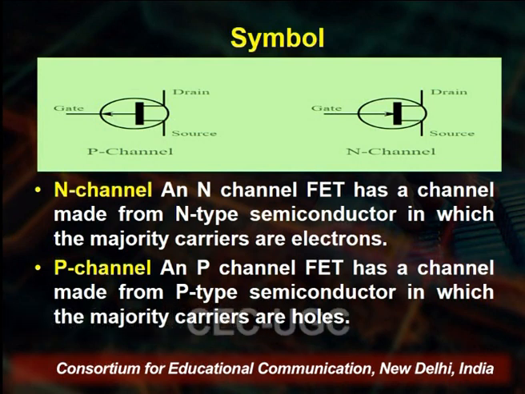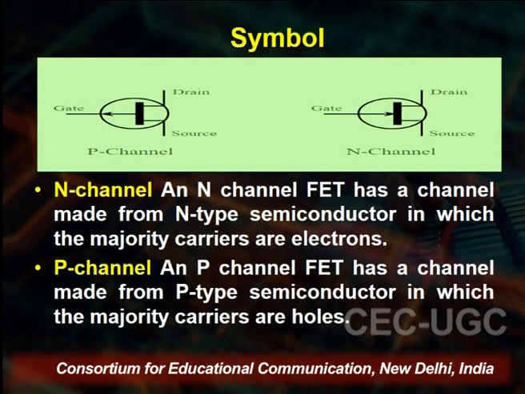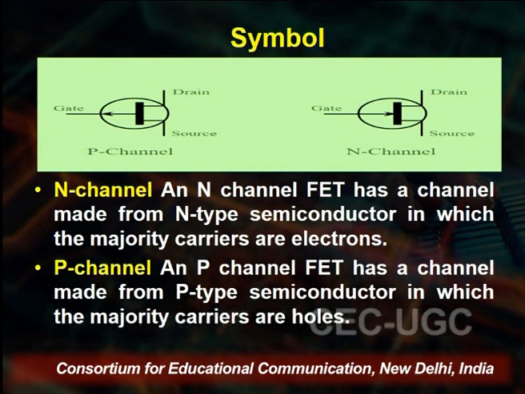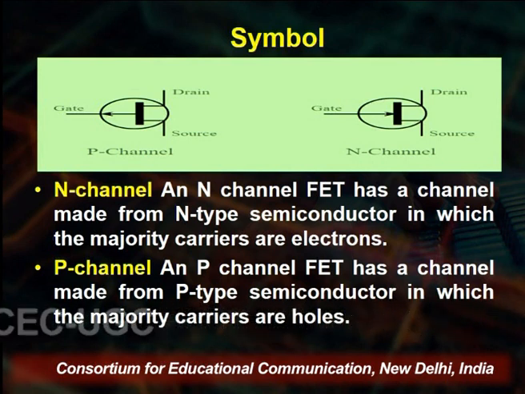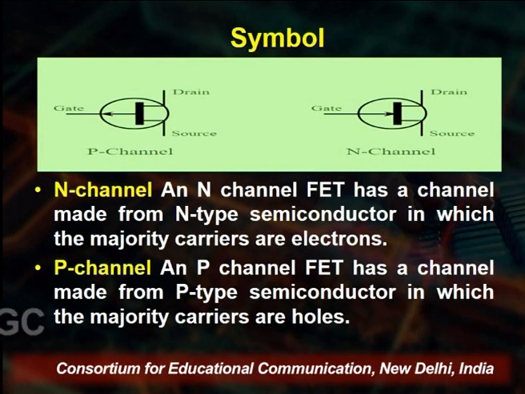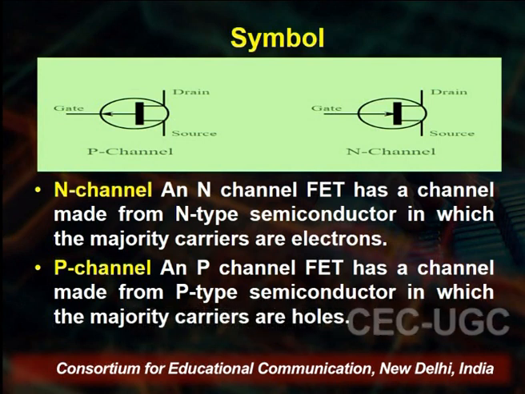For the P channel and N channel we define the majority carriers. The N channel FET has a channel made from an N-type semiconductor, in which the majority carriers are electrons. But in the P channel the majority carriers are holes, and that is why a P-type semiconductor is used for the construction of the P channel FET.